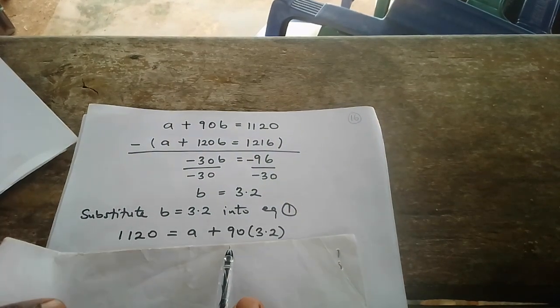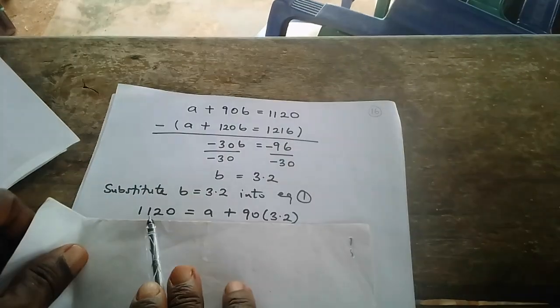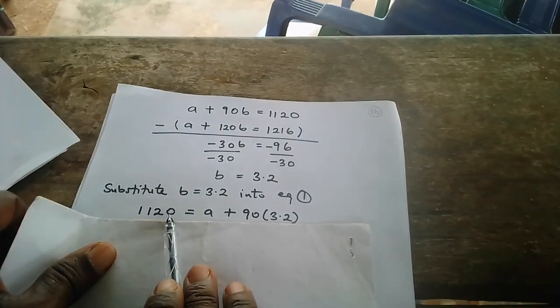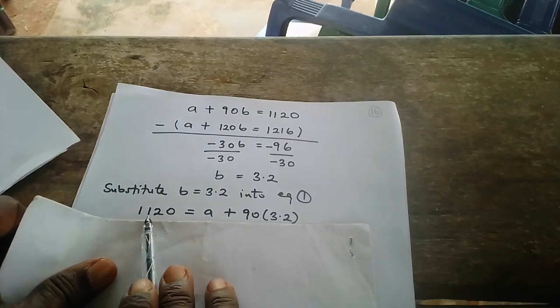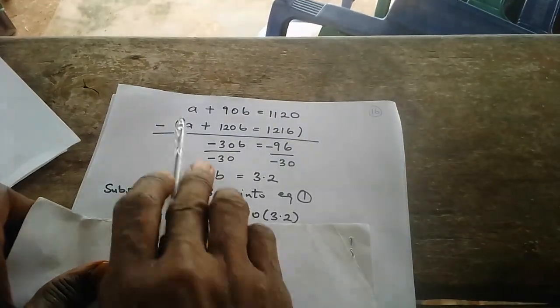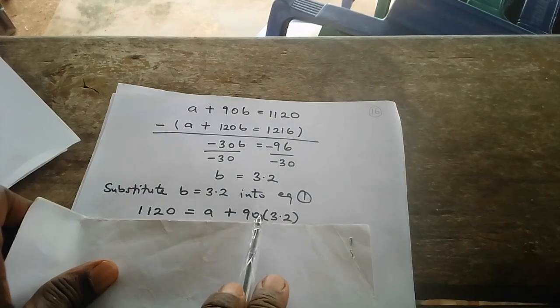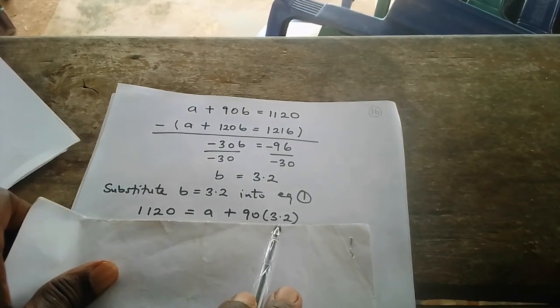So that means when you substitute into equation 1, in place of a, you put 1120, so our 1120 is equal to a plus 90b. So in place of b, you put what? 3.2.